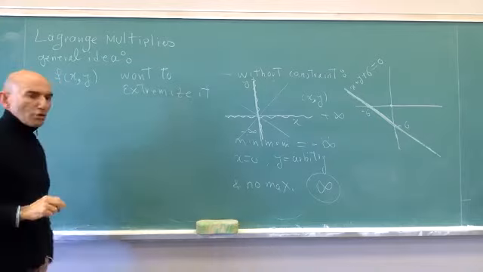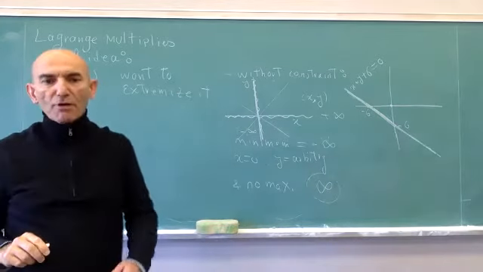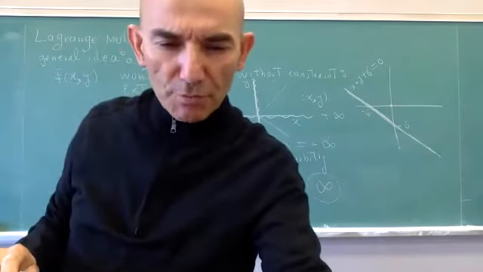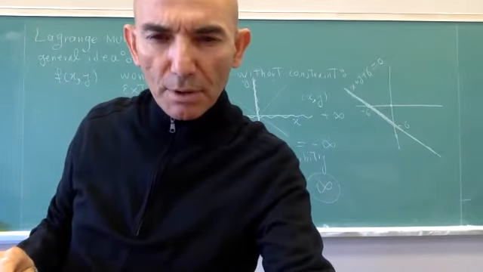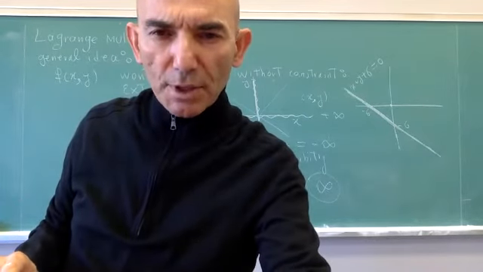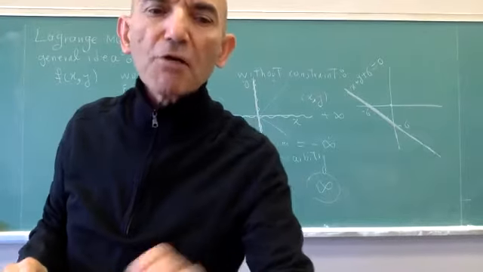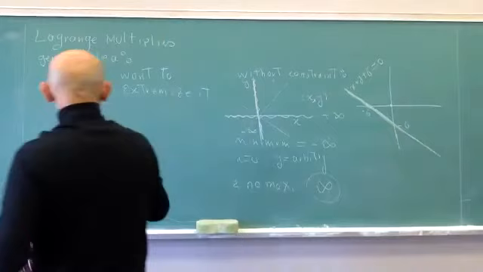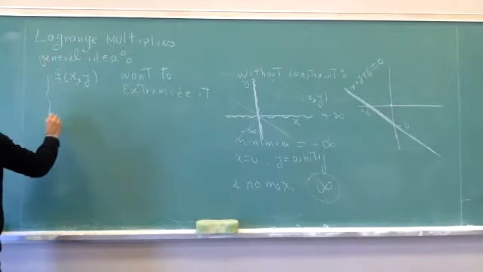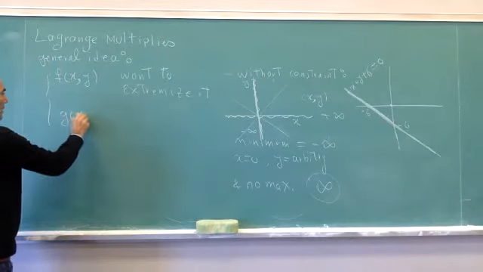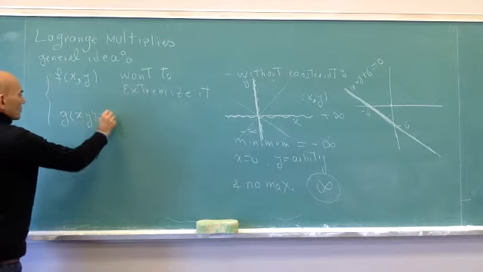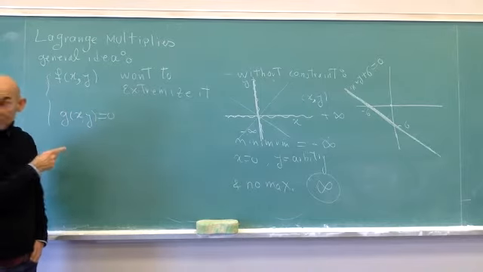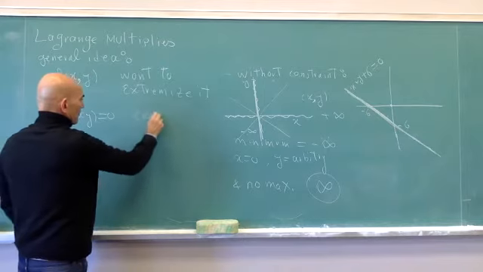But then there is a constraint which is in terms of another equation, which is of the form g of x, y equal to 0. So that's our constraint.